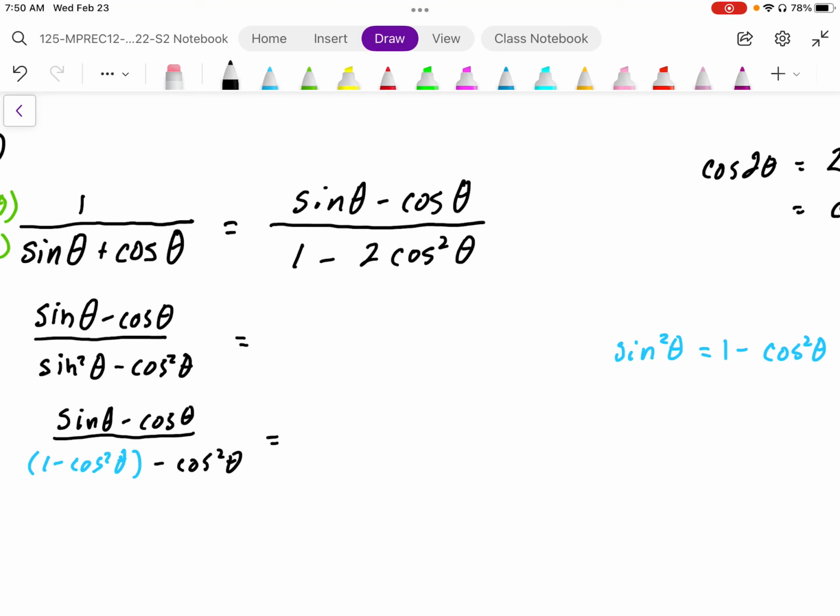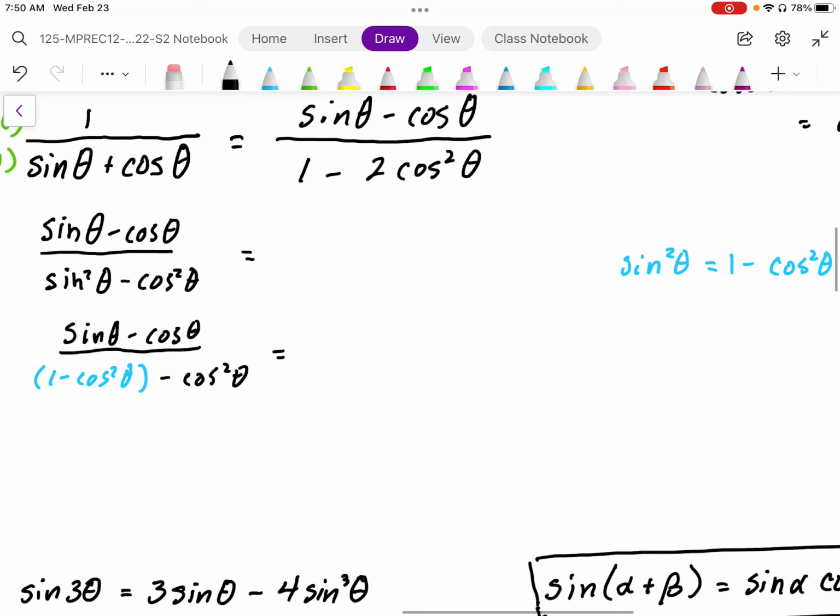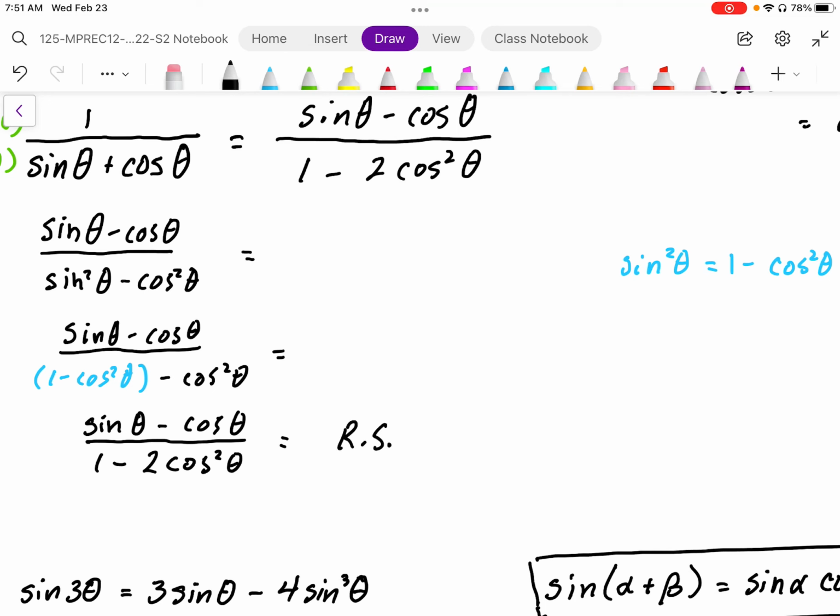And that's going to be equal to the right-hand side, because when I actually simplify this, it's going to be sine theta minus cos theta in the numerator. In the denominator, I'm going to have 1 minus cos squared, or minus 2 cos squared theta. That now equals the right-hand side identity.